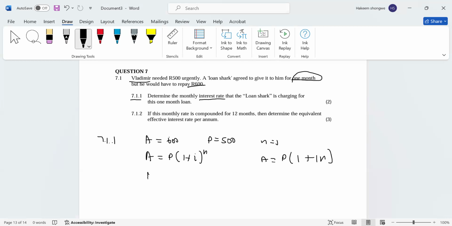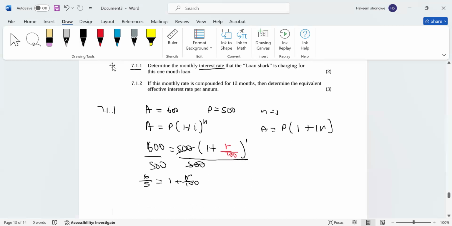Then we substitute: 600 equals 500 times 1 plus i. Remember, i can be written as r all over 100, to the power of 1. Then we divide both sides by 500, and we are going to have 6 all over 5, which is 1 plus r all over 100.